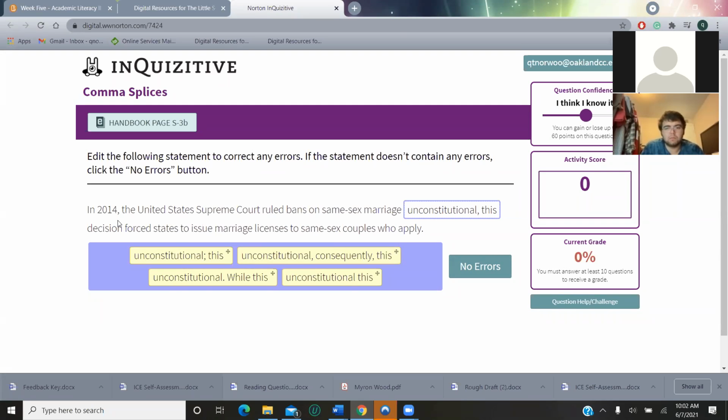That is one complete thought. This decision forced states to issue marriage licenses to same-sex couples who apply. That's another complete thought. So we have a comma jammed in here, and that gives us a comma splice. And I say they're complete thoughts. Each one of these sentences could stand by itself and make sense.